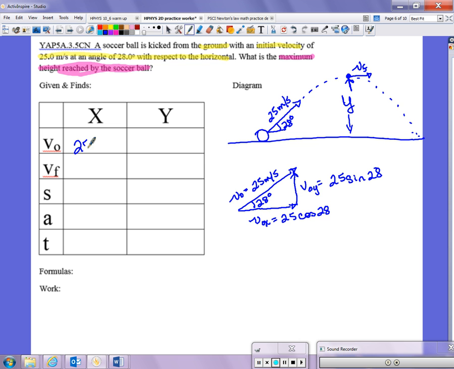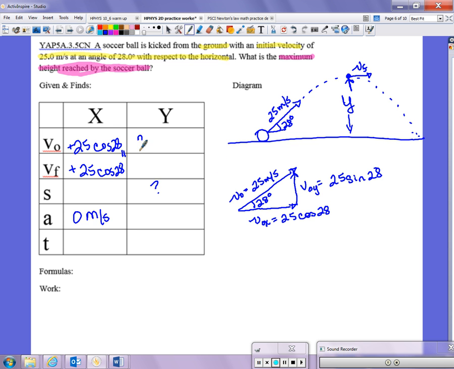So we have 25 cosine of 28, and we know that we have no acceleration in the x direction, so the initial and final in the x direction are equal. So I can fill those out. I want to find this y displacement, so I can put my question mark there to remind me what I'm supposed to be finding.